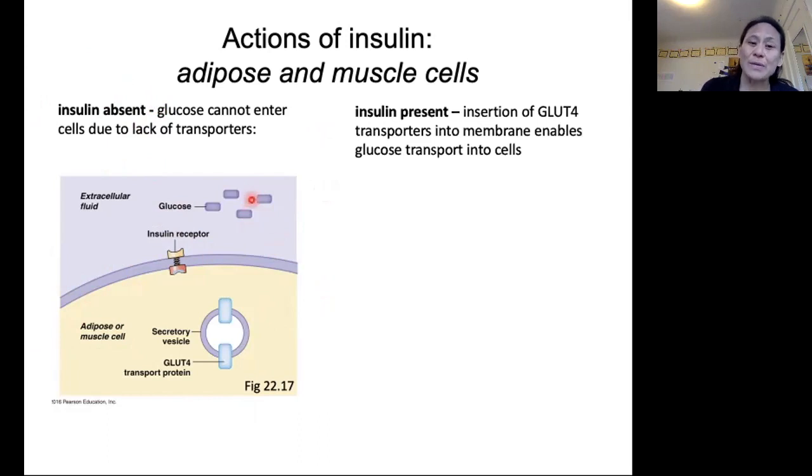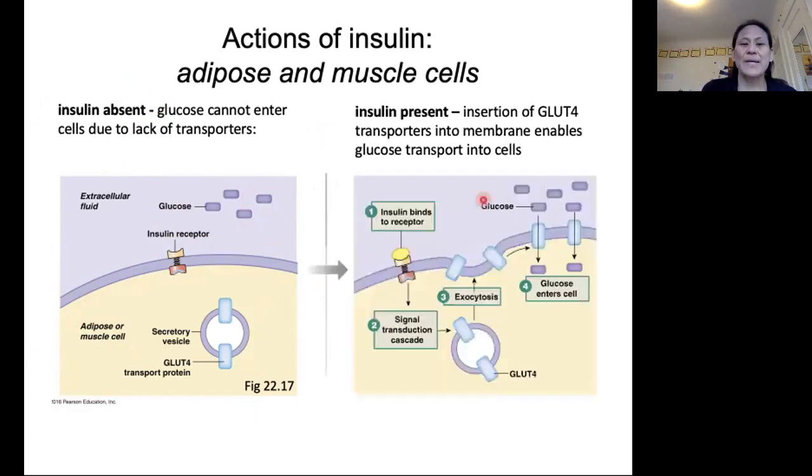When we have insulin present, insulin is going to encourage or stimulate the fusion of these secretory vesicles to the plasma membrane. These secretory vesicles have in them a transporter called GLUT4, which is capable of transporting glucose across the membrane, right?